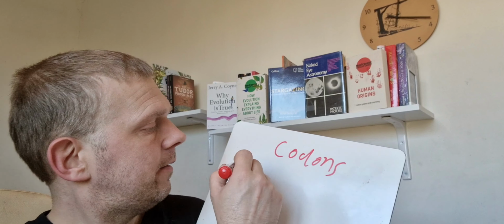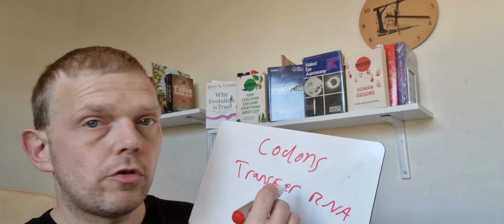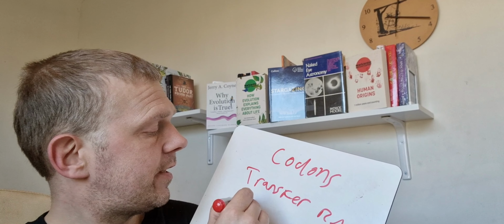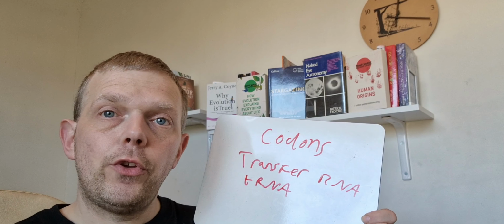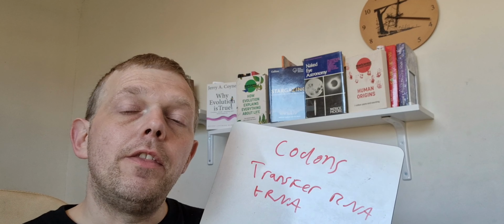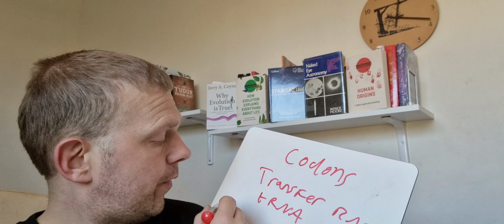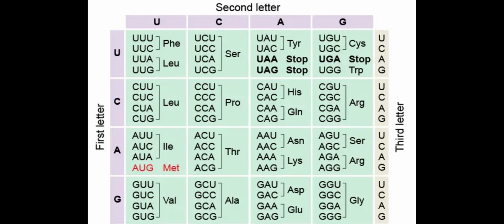Transfer RNA, or tRNA, then assembles the protein one amino acid at a time. So for example, the DNA triplet or codon AAA is transcribed into the RNA codon UUU.